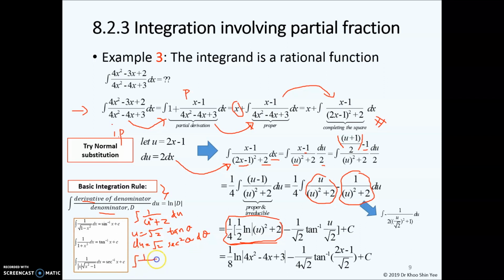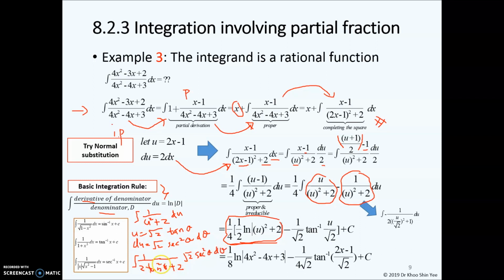You get 1 over, so square root 2 to the power of 2, you get 2, tangent theta to the power of 2, you get tangent squared theta, plus 2. And du is square root 2 secant squared theta d theta.